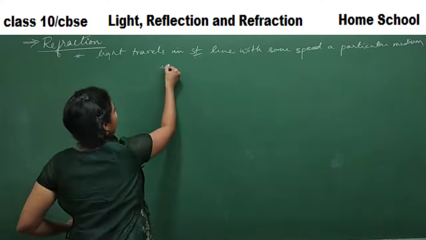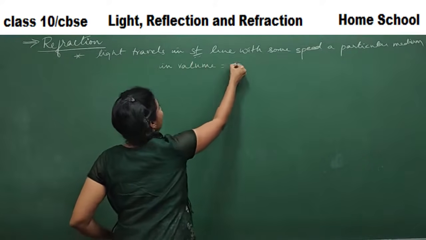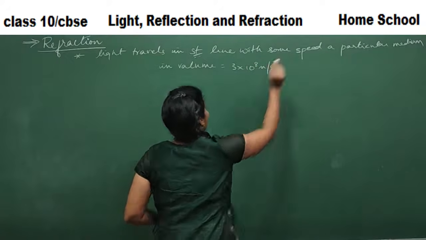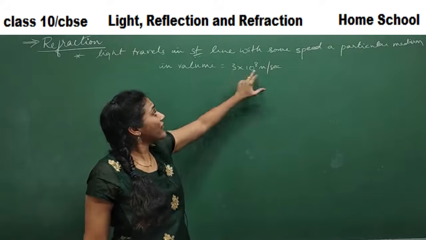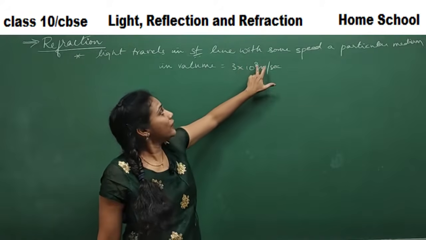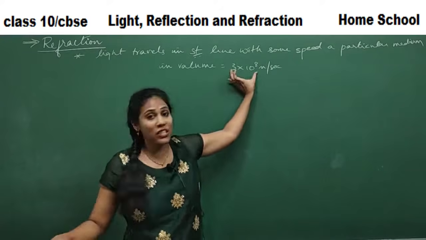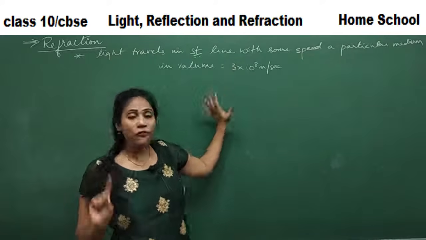In case of vacuum, the speed of light is 3 into 10 to the power of 8 meters per second. I mean, in 1 second, it can cover this much distance. So this is the speed of light in vacuum.